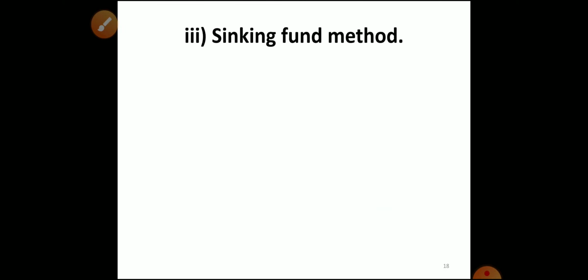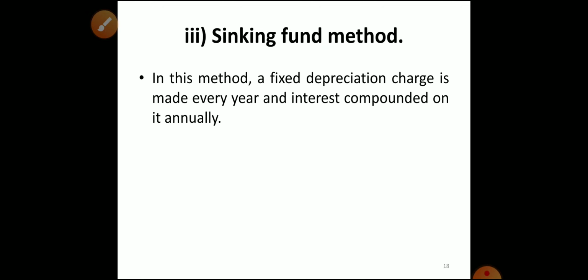Now we will go to the third method, that is the sinking fund method. The main feature of this method is that whatever amount we are taking aside, we will invest in the bank and earn interest on that invested amount.